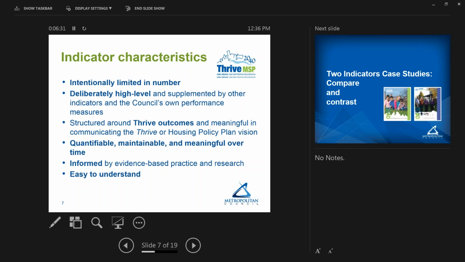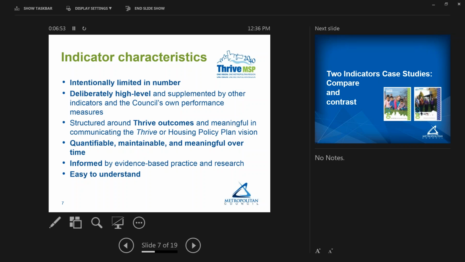With that, there are deliberately high levels. One of the key pieces is that we spend a lot of time delineating between what is in these two sets of indicators and all of the other indicators that roll up, cascade up, allow us to delve more deeply. And then these are structured around the outcomes.